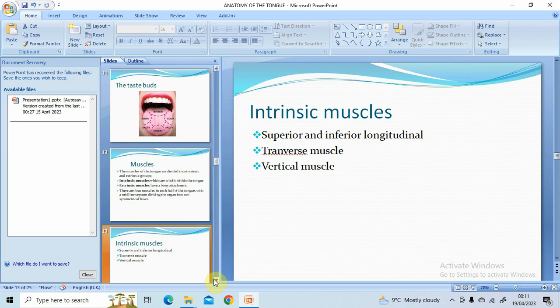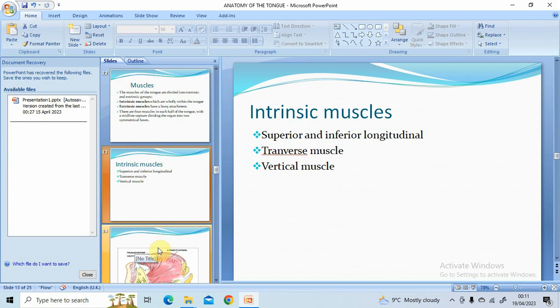I'm going to talk about the longitudinal muscle. The longitudinal muscles lie immediately below the mucous membrane of the tongue.